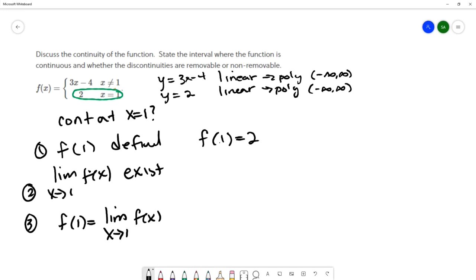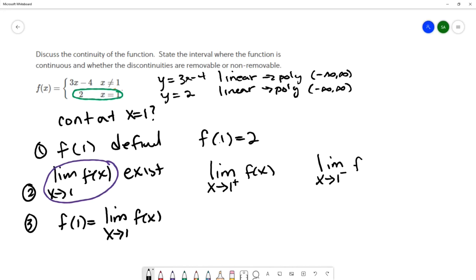So when we're deciding if the limit exists, we're going to look at the one-sided limits. We're going to look at the limit as x approaches 1 from above, and the limit when x approaches 1 from below.